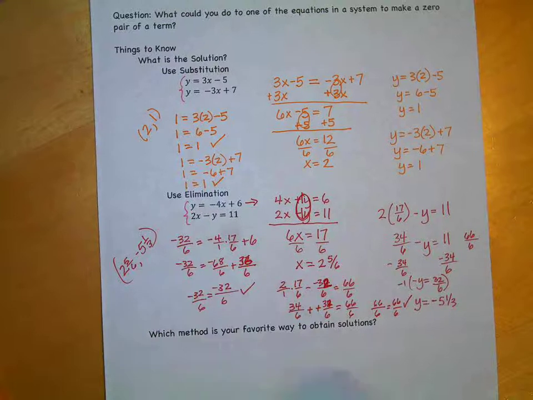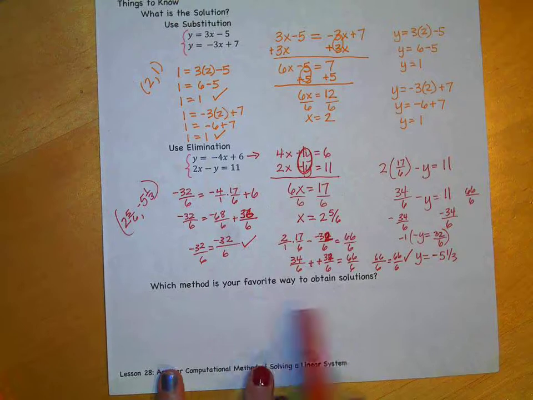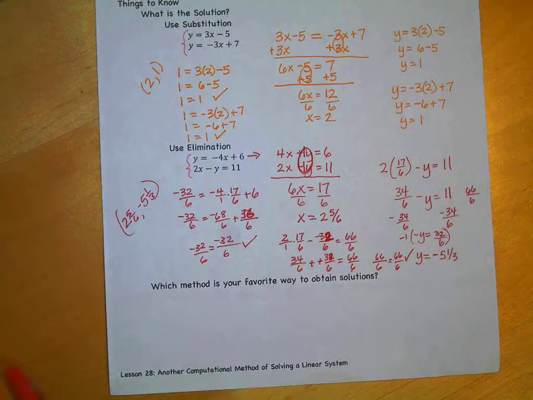Both of them, depending on what your numbers are, can be equally easy and fun. You just have to get really confident and comfortable with using either one. When you're using substitution and elimination, you're going to see very quickly that you are looking for that point of intersection.